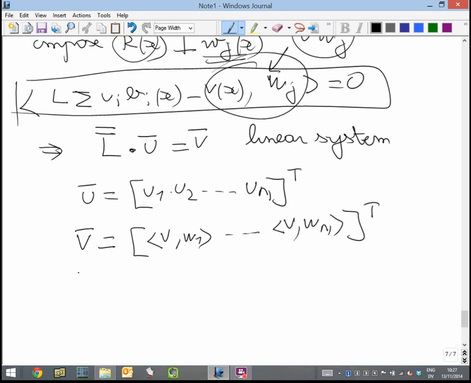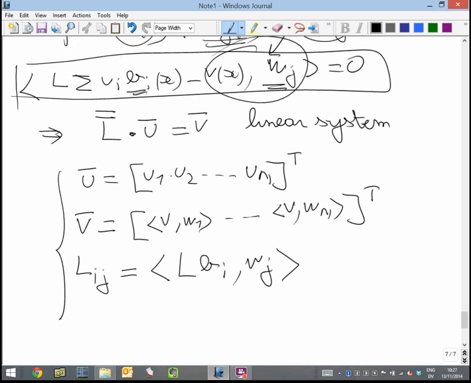And then the matrix L we construct, you can see, and if you're not convinced, write down a couple of equations in this system, that the ijth element of this matrix L is given by L operating upon the ith basis function and taking the scalar product with the jth weighting function.